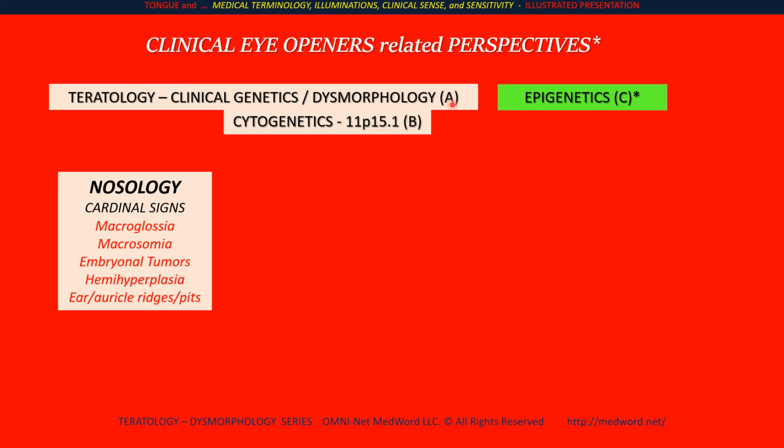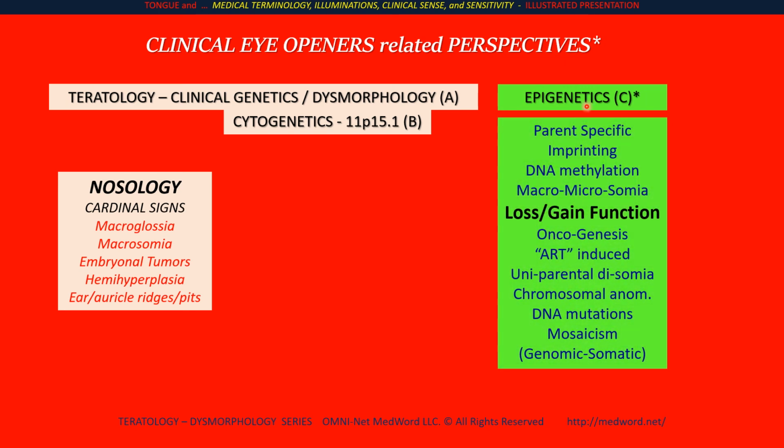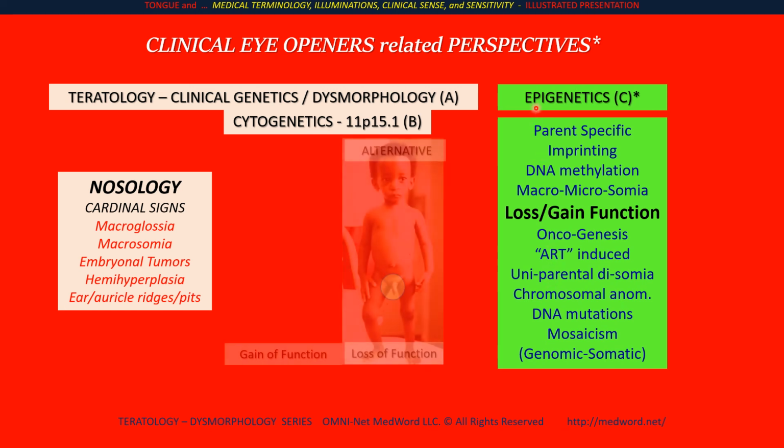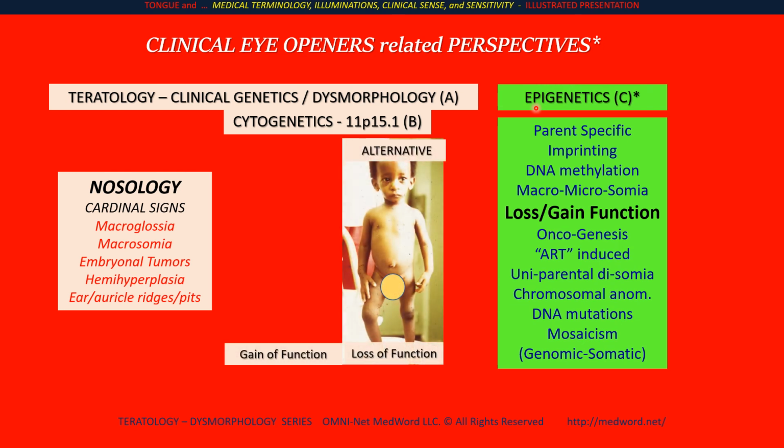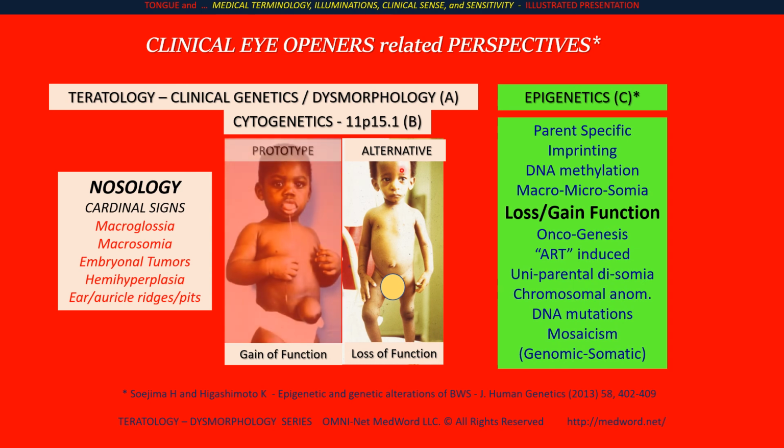That led about a decade later to studies of epigenetics, which are very complex, but in essence, epigenetics concerns those factors that are not genomic in nature but control the expression of genes, ultimately, the loss or gain of function. That's the fate of being normal or being abnormal, living or not living.